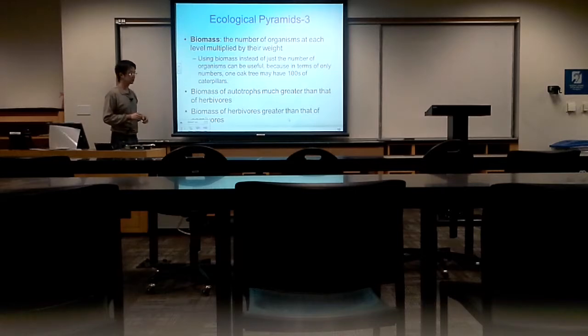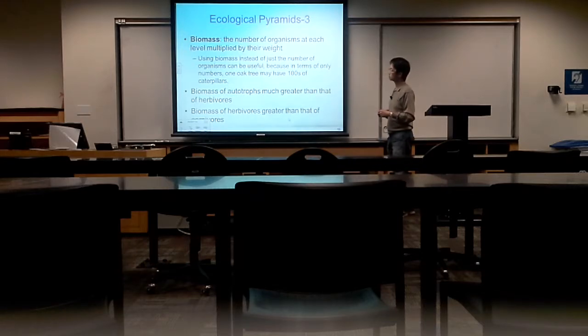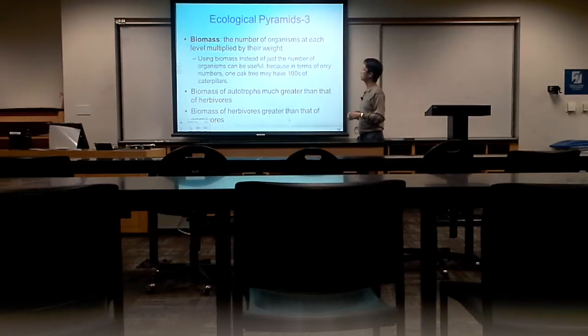Biomass. Other than the energy pyramid, you can look at the biomass as well. Definition of biomass: biomass is the number of organisms at each level multiplied by their weight. Why do we use biomass instead of, let's say, the number of organisms?